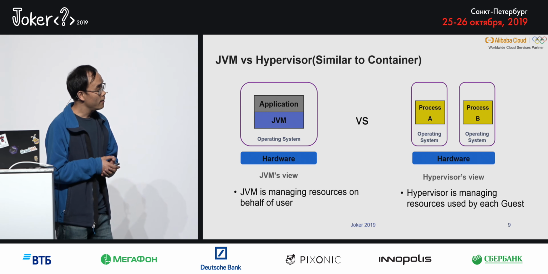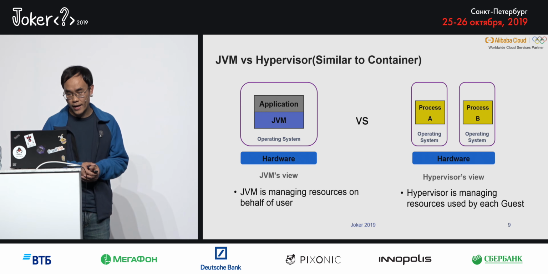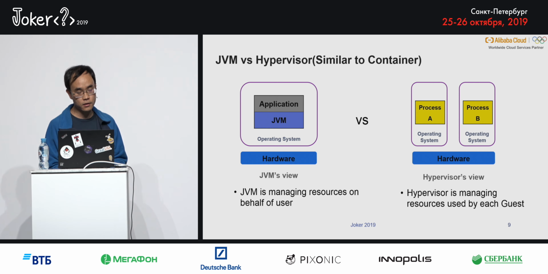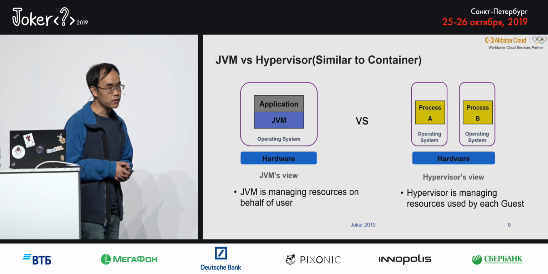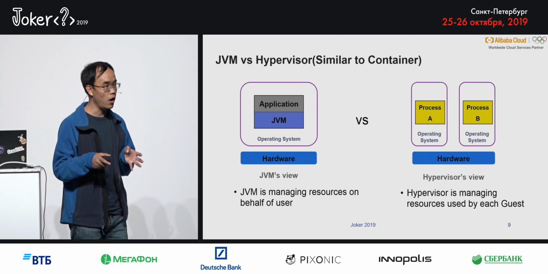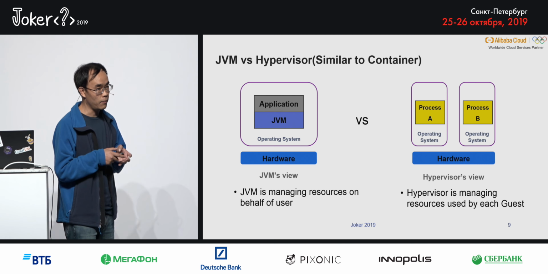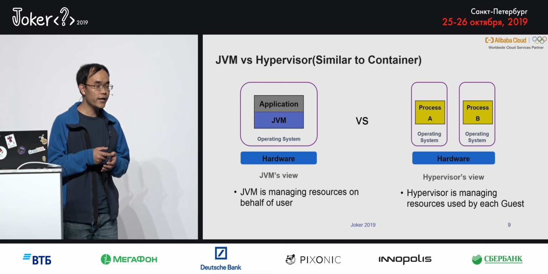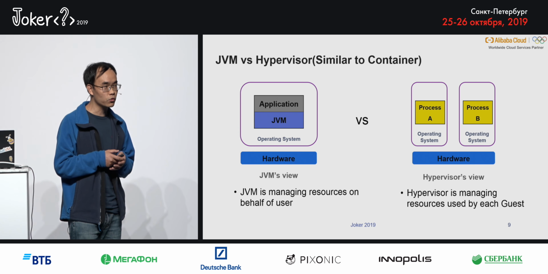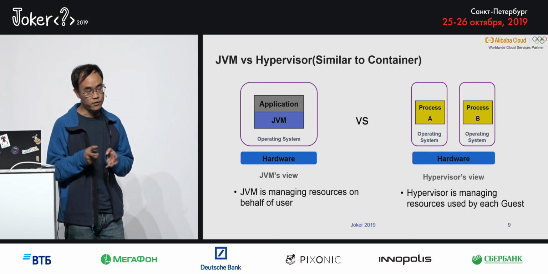That's a problem. Another thing is that the hypervisor is also managing resources used by its guest. The problem here is that the hypervisor assumes it has full control of resource management provided to the guest. The challenge is you have two managers, and we think you don't want two managers telling you different things.